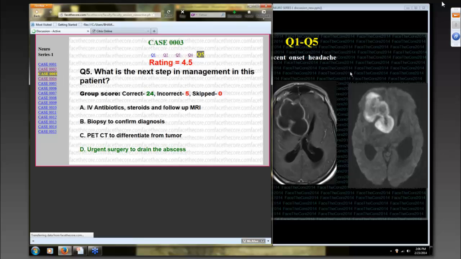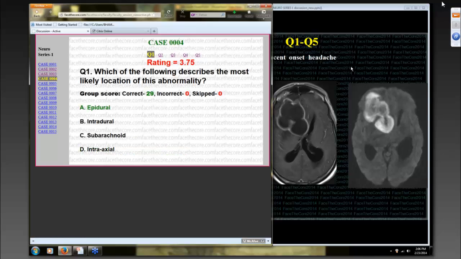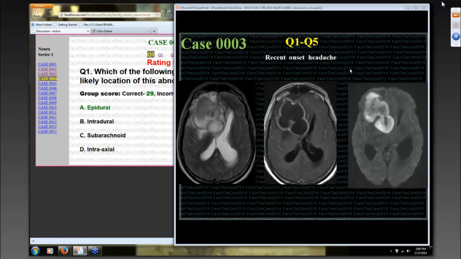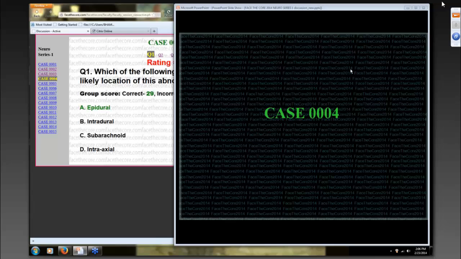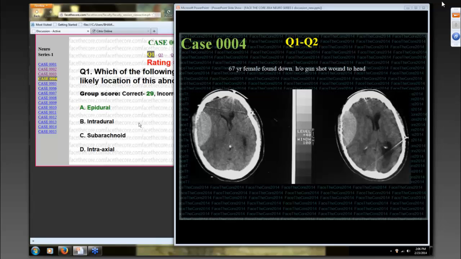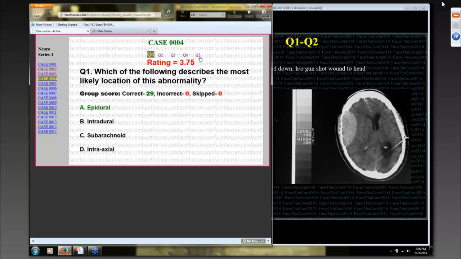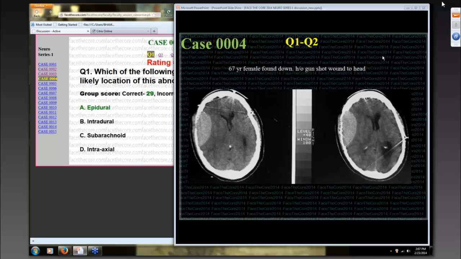The fourth case is a case of a plasmacytoma of the cranial vault.